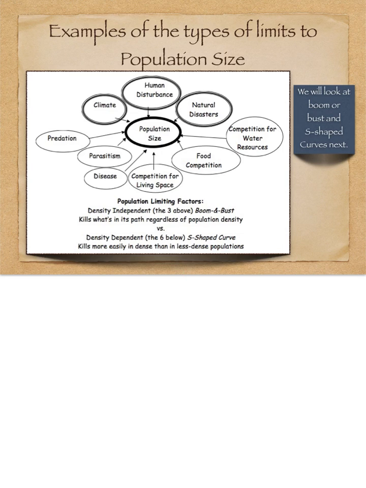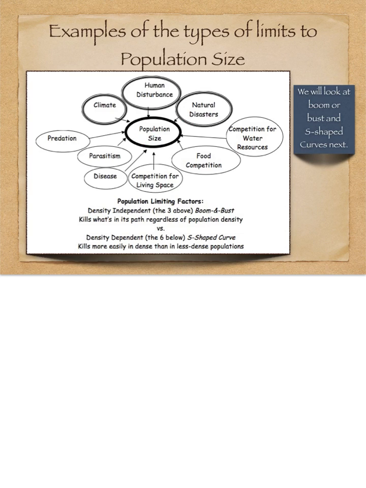Was that change dependent on how many individuals you had in the population at the time that the change occurred, when the rain stopped coming so frequently? The answer is no, right? So the population size really did not determine the impact of the climate change, the natural disaster, or the human disturbance.